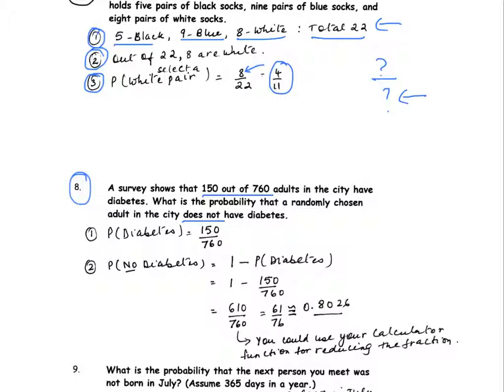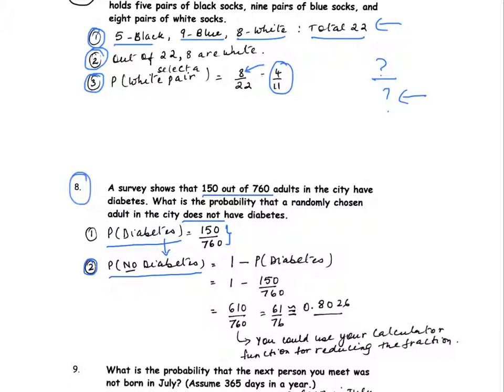So 150 out of 760 have diabetes. The probability that a person has diabetes is 150 out of 760. We need to figure out the probability that someone does not have diabetes. So it's the probability of no diabetes, which is the opposite of diabetes.